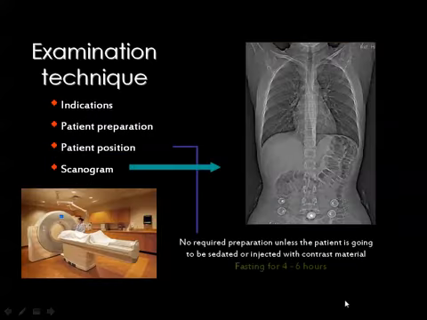Then, in order to do the CT scan of the chest, the patient will lie supine on the CT machine, and we order the machine to have what is known as the scanogram. And the scanogram is just similar to the plain X-ray of the part to be examined. And the value of this scanogram is to indicate the area to be scanned for the CT machine.